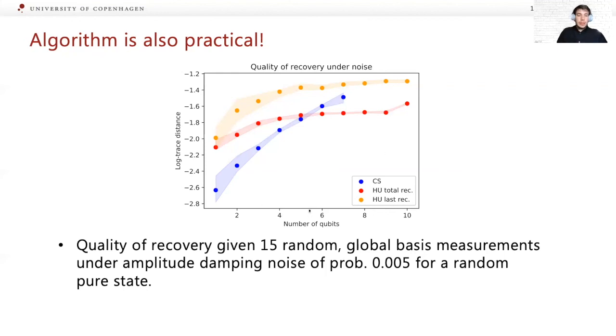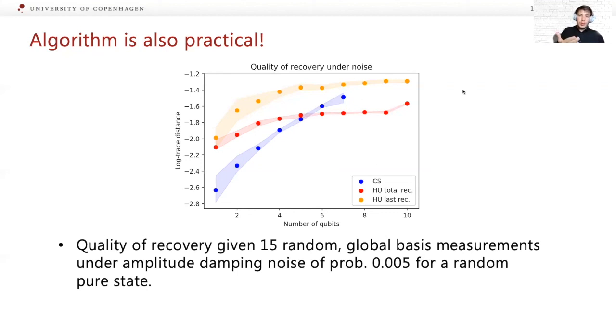And we were still able to easily go to system sizes for which doing the recovery with compressed sensing methods is already quite difficult on a standard desktop computer. And the precision we achieved is still rather good, even though we only used 15 basis measurements, much larger precision than our theoretical bounds actually predict.